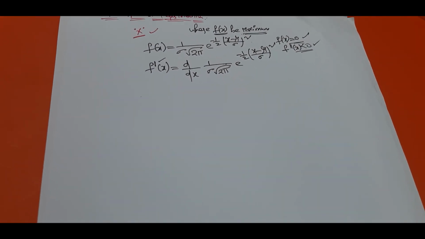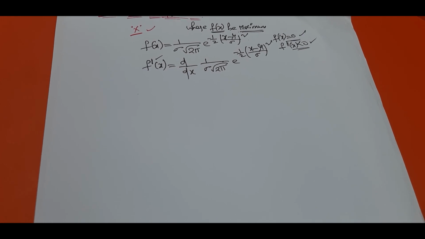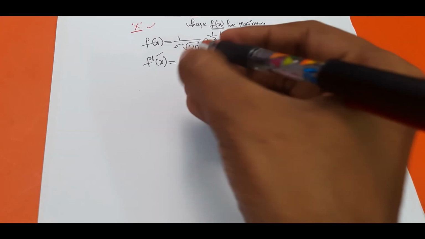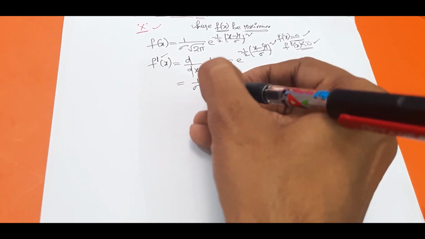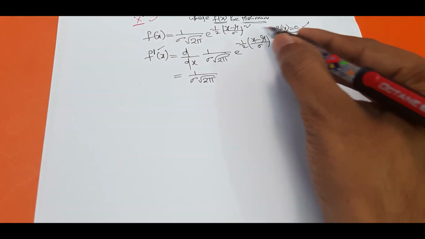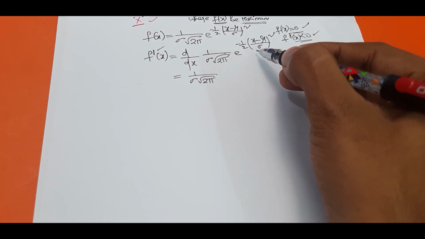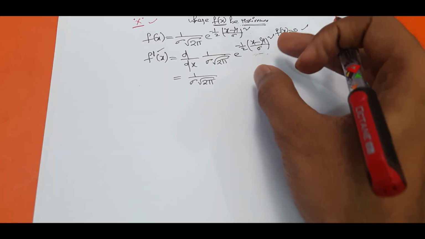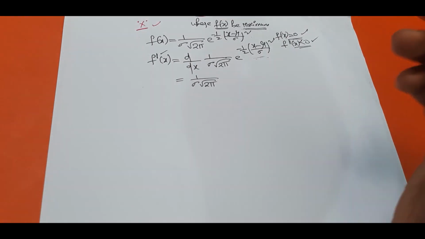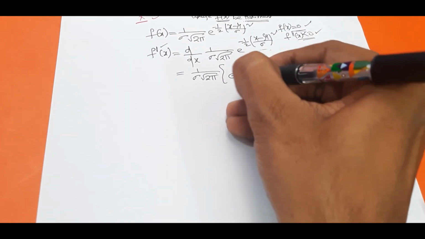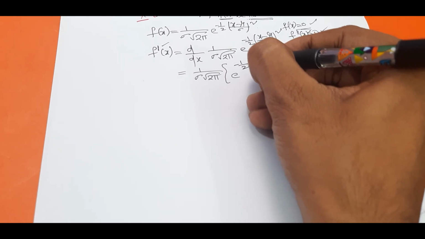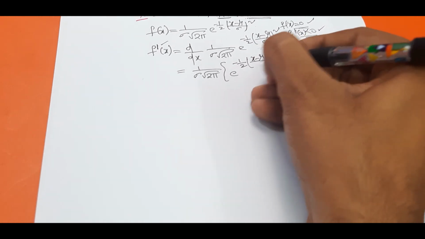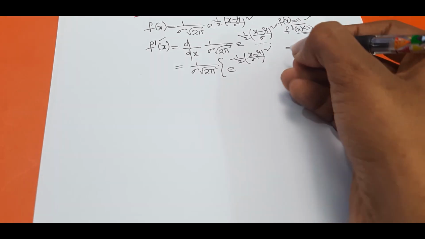Now we have to differentiate with respect to x. Make the constant outside, that is sigma into root 2 pi. Here x is present in the exponent, so we have to differentiate that: e power minus 1 divided by 2 (x minus mu divided by sigma) whole square.